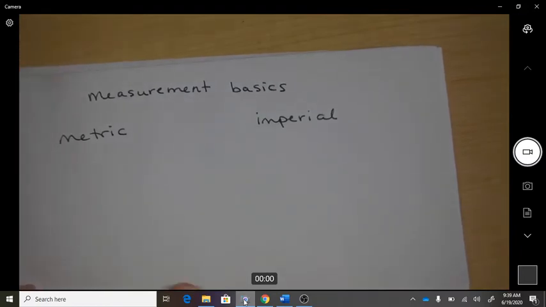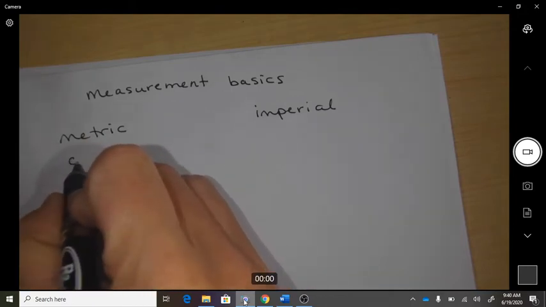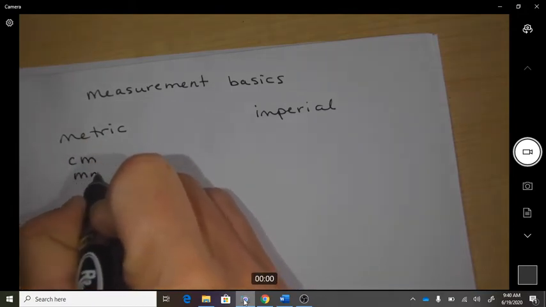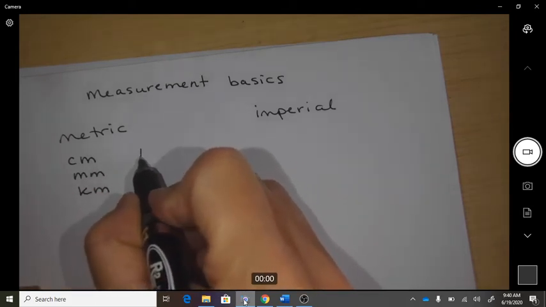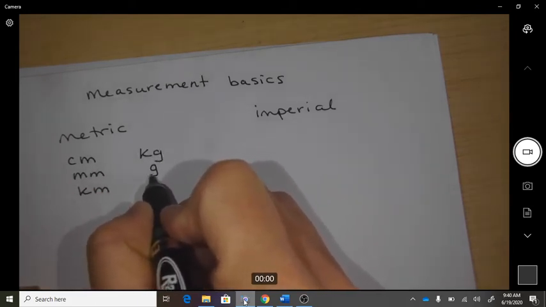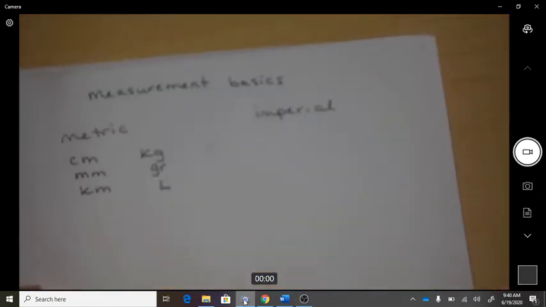Metric would be most of Canada. When we talk about centimeters, millimeters, kilometers, in weight we can talk about kilograms or grams, or liters in volume. Those types of things are in metric.